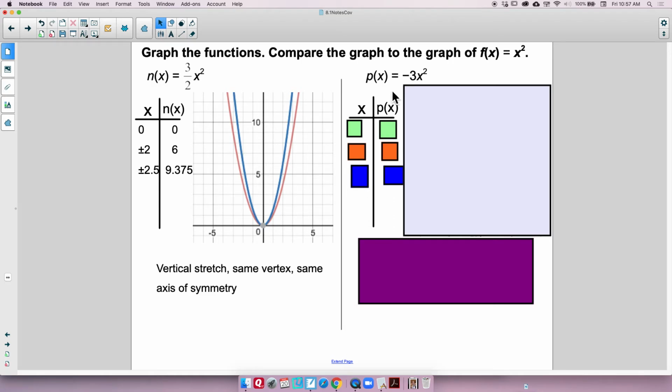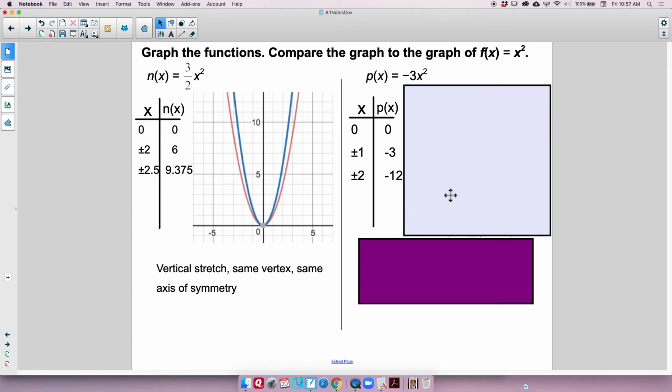Okay, take a look at p of x equals -3x squared. What do you think it's going to look like? Go ahead and try it. You pick the numbers. I picked 0, which gets me 0. I picked plus or minus 1, which gets me -3. And I plugged in plus or minus 2, which gets me -12, because 2 or -2 all squared is 4 times -3 is -12.